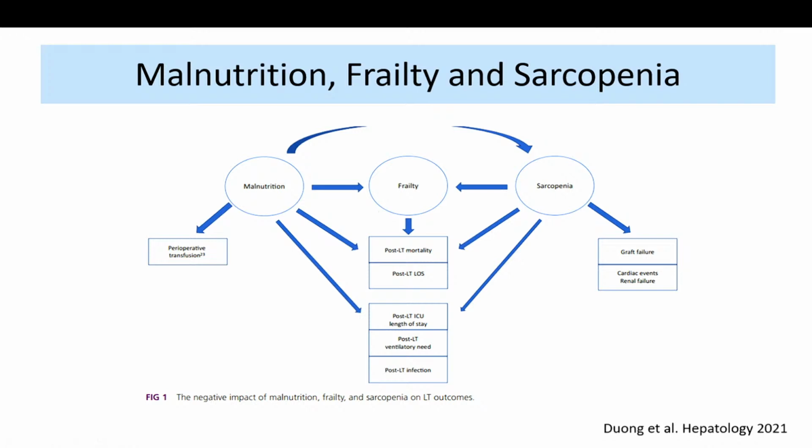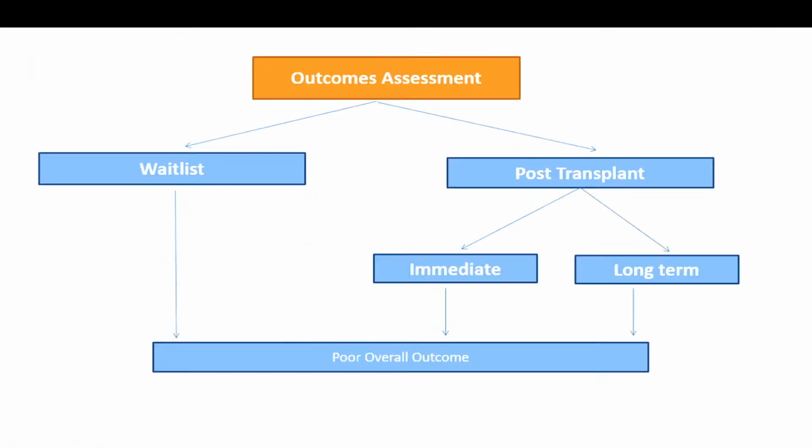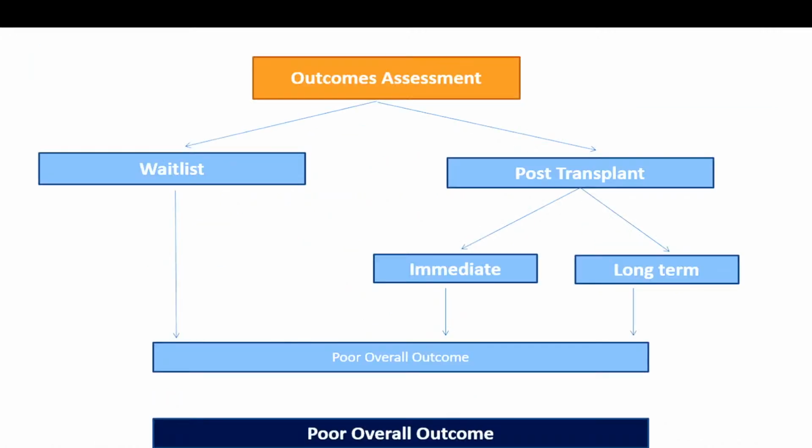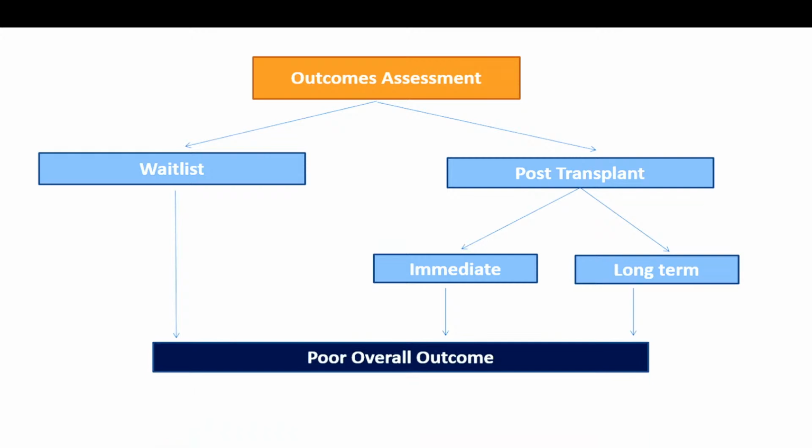But if you have both together, you are frail, and then it impacts your post-transplant mortality, ICU stay, ventilatory need, and post-transplant infections. So basically, there is a negative impact of malnutrition, frailty, and sarcopenia on liver transplant outcomes, both immediate as well as long-term. With this picture, we might have a very poor overall outcome if we embark on a transplant in somebody who is severely frail and sarcopenic.